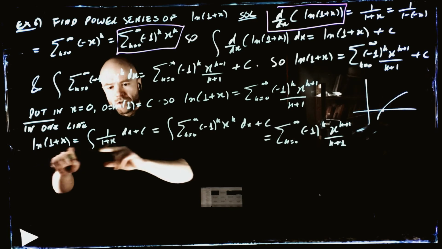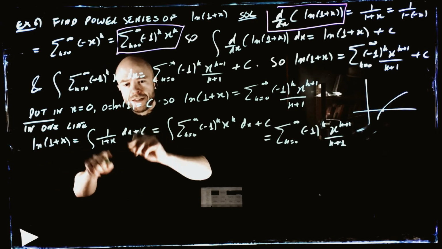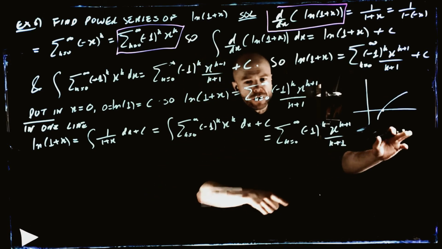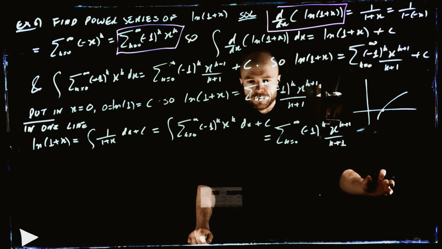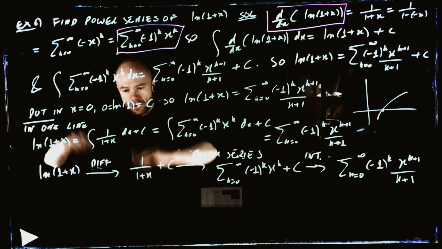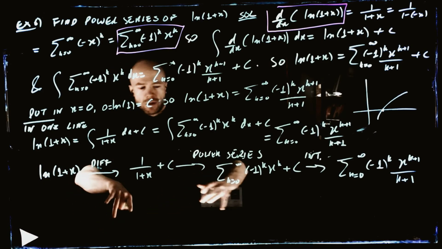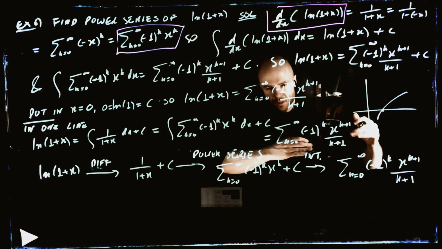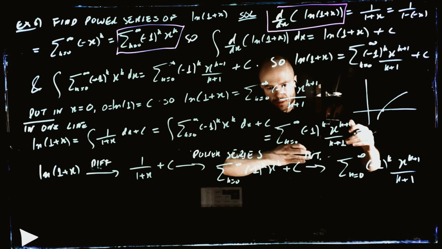Just take your function, write it as the derivative or the antiderivative of something, put in the power series expansion and keep working it through. Maybe that's a way not to get lost in your sequence of steps. Whatever we did, if it's integration or differentiation, at the last step we have to get back. We have to reverse it.